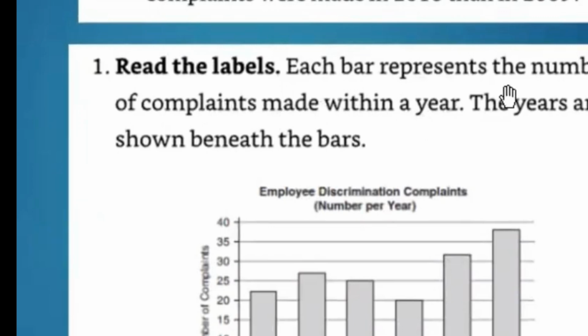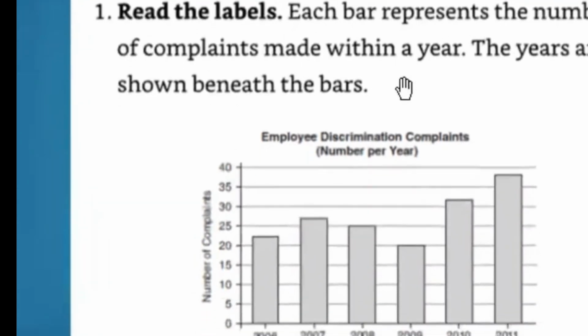As we've already mentioned, each bar is going to represent the number of complaints made within the year, and the years are shown underneath each bar. So the years are shown on the x-axis, and then the number of complaints are shown on the y-axis, or your vertical axis.